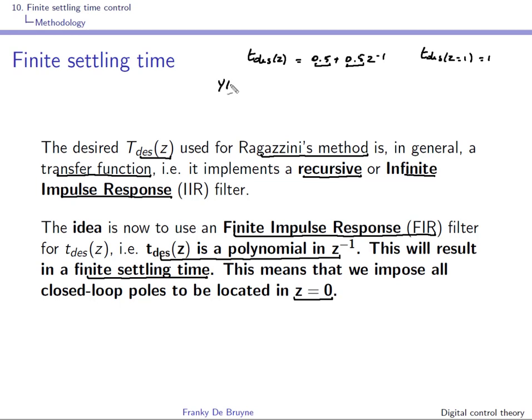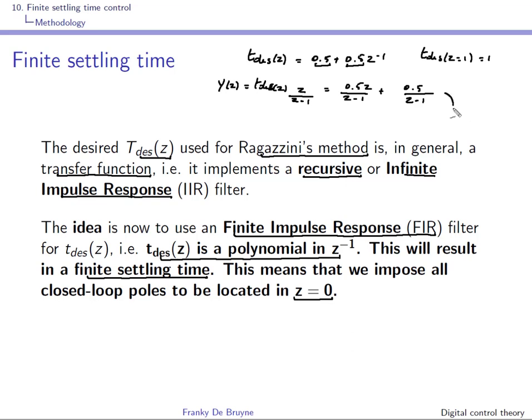So the step response will be T desired times z over z minus 1. So this is 0.5 over z minus 1 plus 0.5 z times z minus 1, it's 1 over z minus 1.